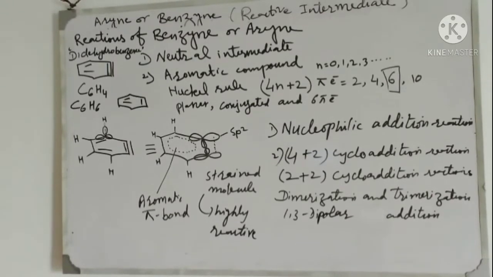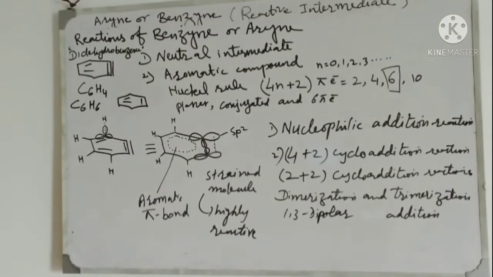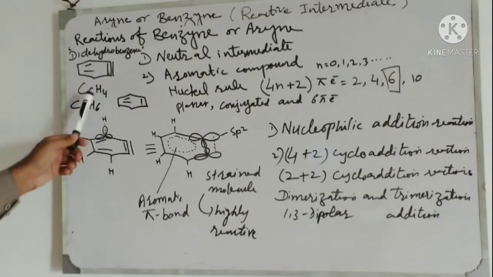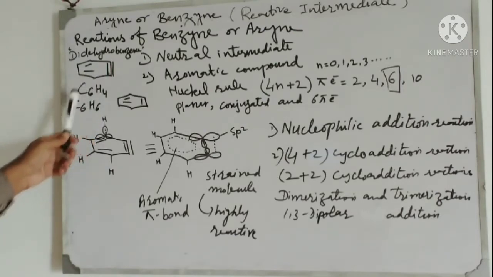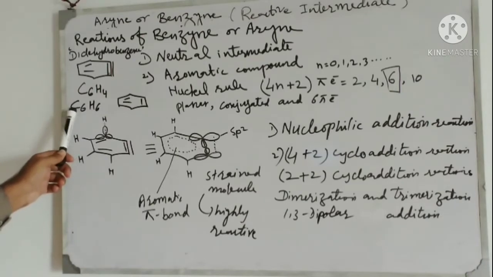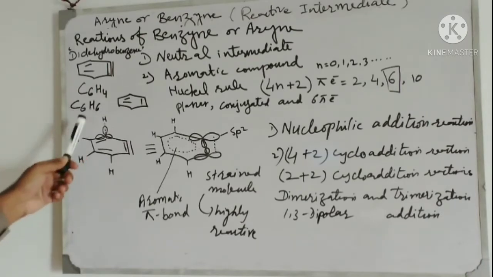So welcome to our course reactive intermediate. Today we are going to discuss the reaction of benzyne or arynes intermediate. Benzyne has the formula C6H4, and the benzene molecular formula is C6H6.